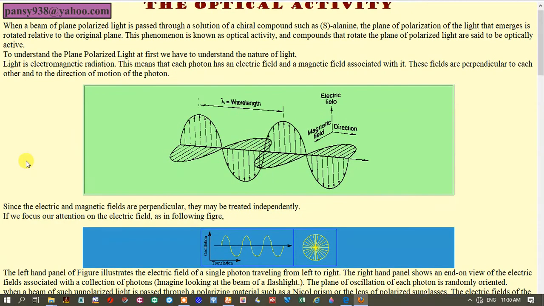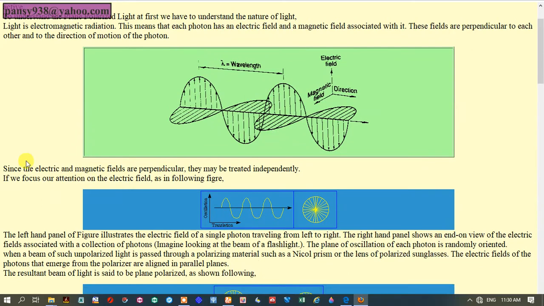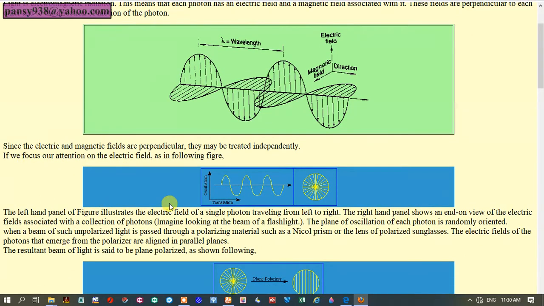In ordinary light, the light travels in all directions. This is the movement of a light wave, and from this it is shown that it is moving in all directions.